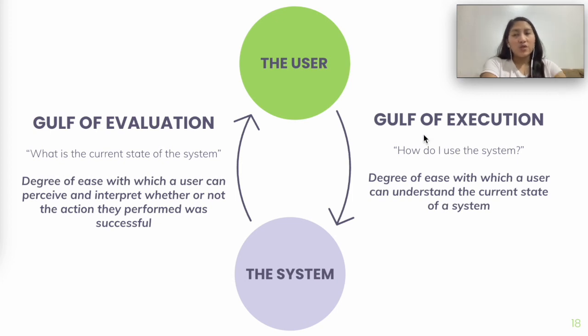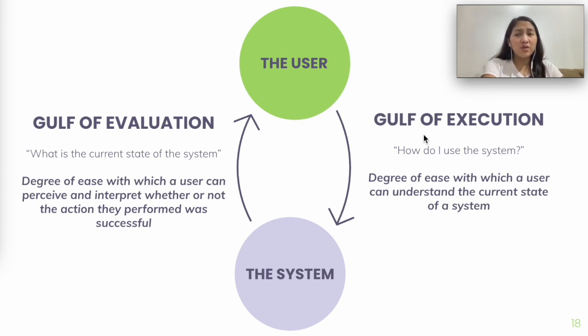So let me repeat, the gulf of execution is the degree of ease with which a user can understand the current state of a system. It is the difference between the intentions of the users and what the system allows them to do. So let me give you an example. A person can look at a light switch and easily tell the current state of the system, whether the light is on or off.